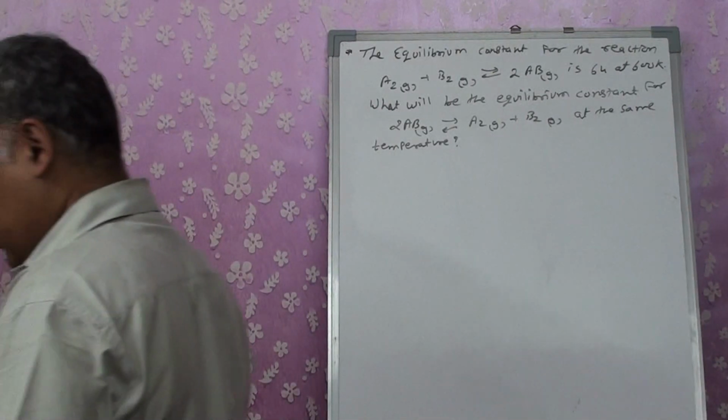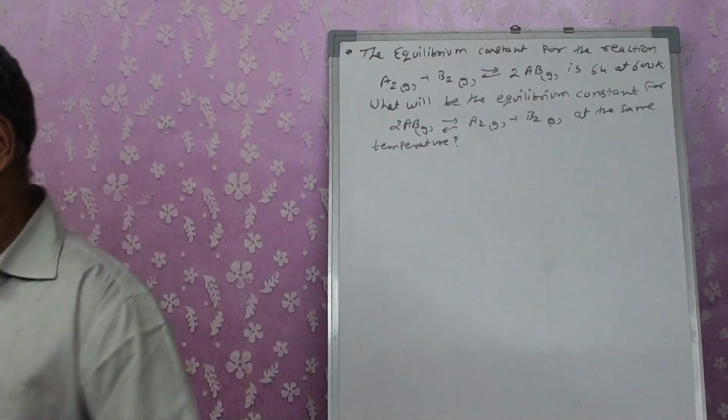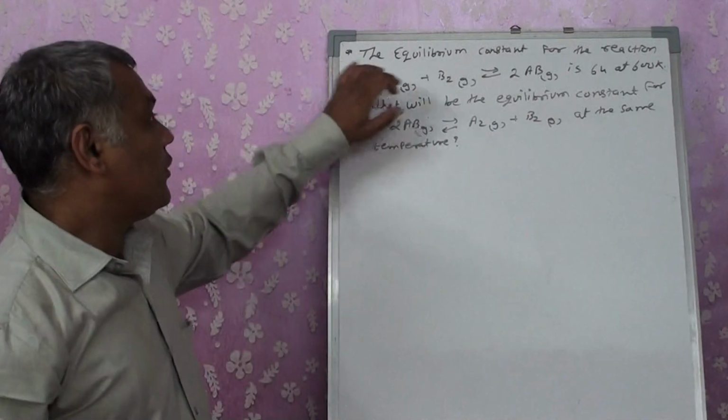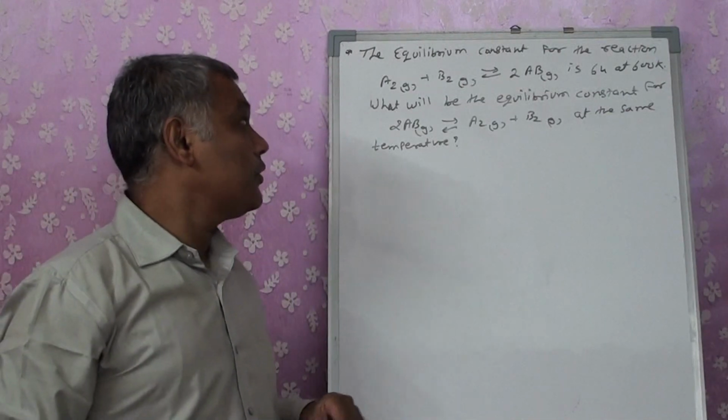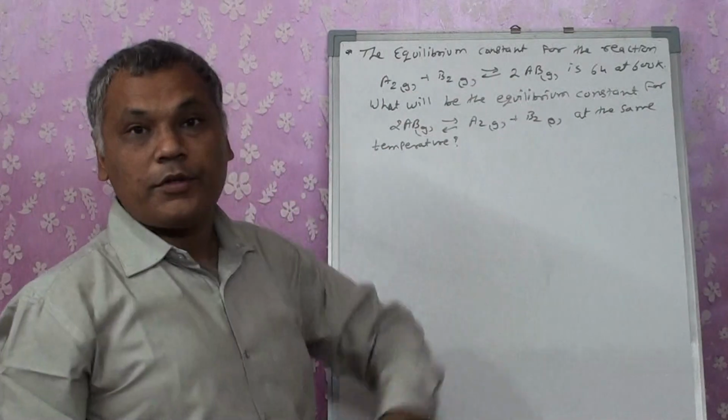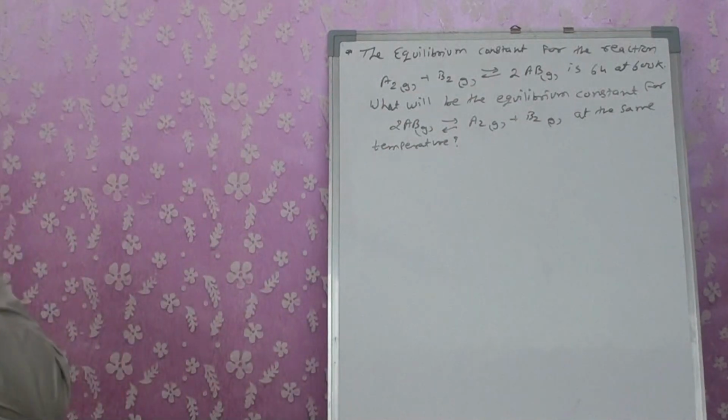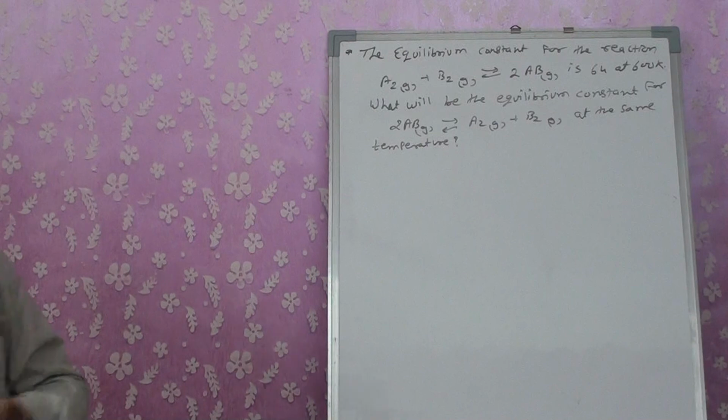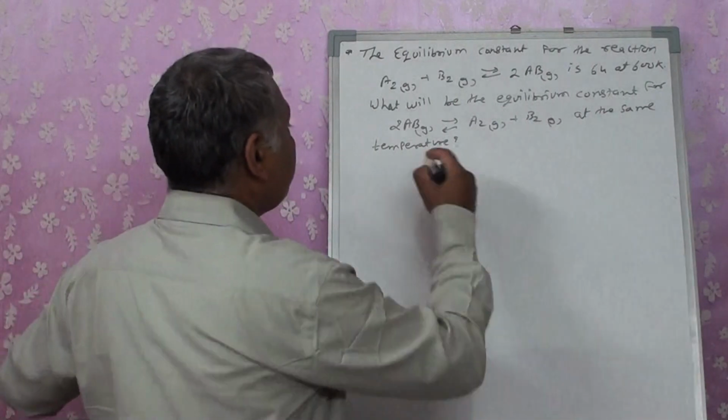Now, this time what happened? We have been given a numerical in which the first reaction is given to us, A2 plus B2 getting converted into 2AB, for which the value is given to us.